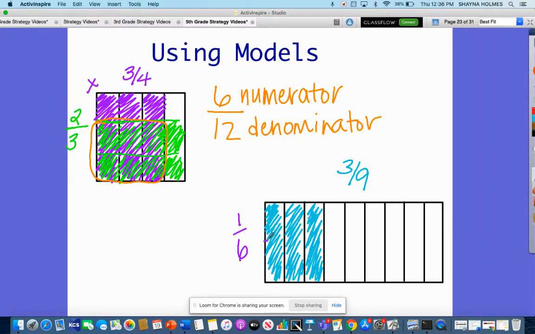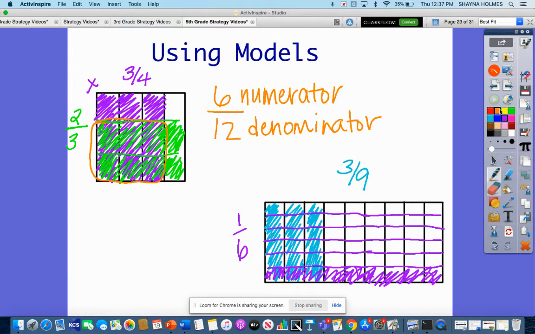So then I'm going to need to divide this into 6. And then I'm going to shade in 1/6.